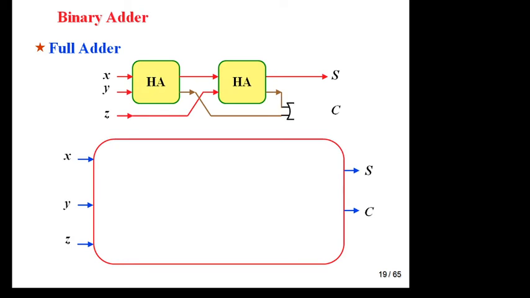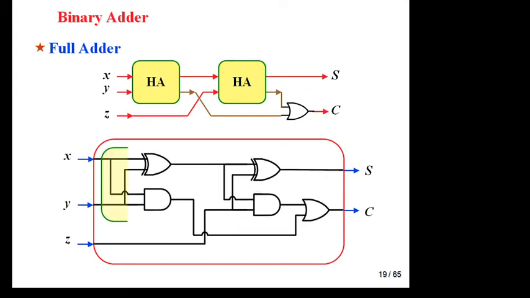Okay, half adder and just use 1 OR gate. And this way you can draw the circuit of a full adder. This is 1 half adder and this is 1 half adder. What is the output of this? x XOR y, this is x dot y, and the output of this is x XOR y XOR z.